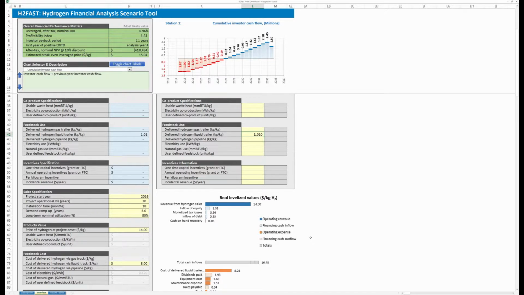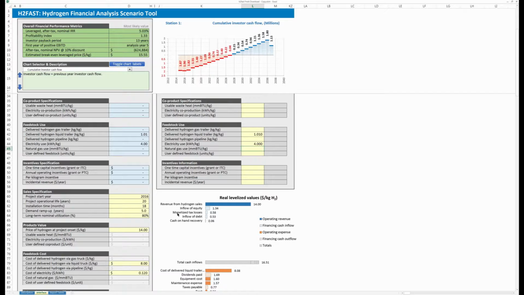So for every kilogram of hydrogen dispensed, we need to purchase 1.01 kilograms of hydrogen. And also this type of station needs to have compression, which uses electricity. It needs to have some cooling for fast fueling if it's a 700 bar station, and it might use a total of 4 kilowatt hours of electricity per kilogram.